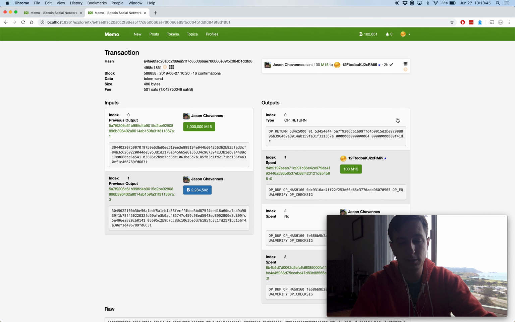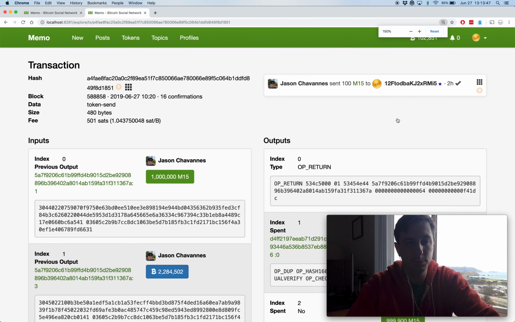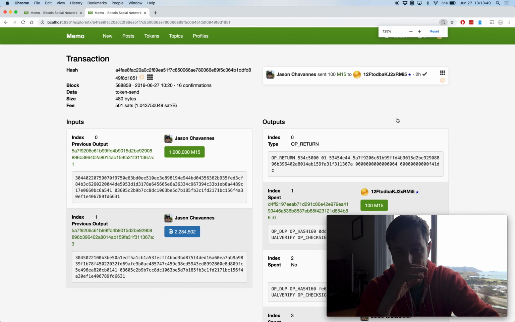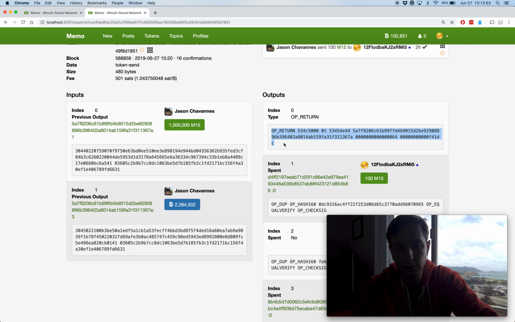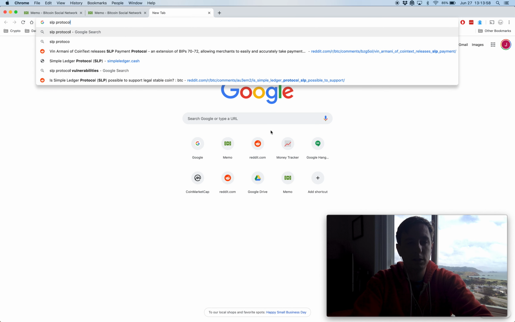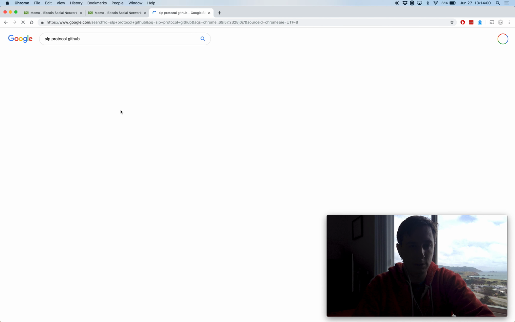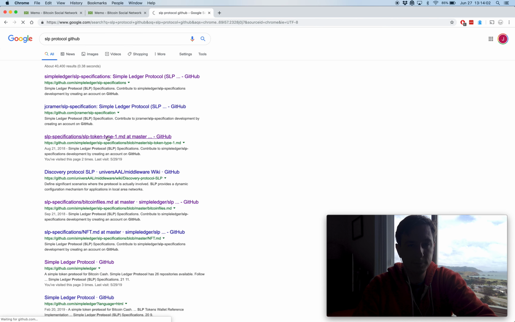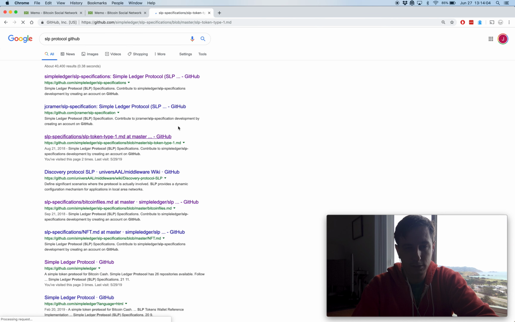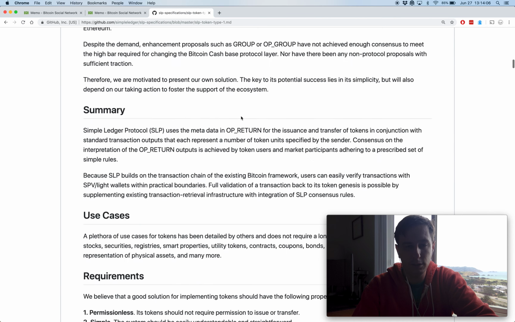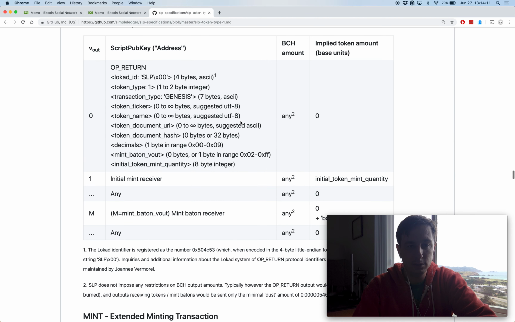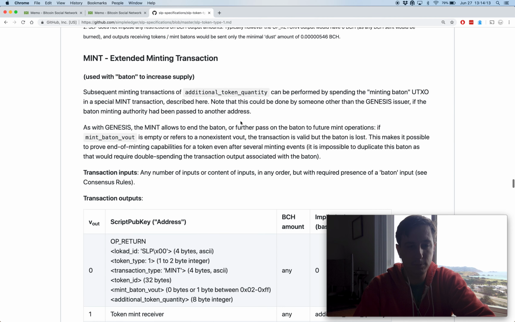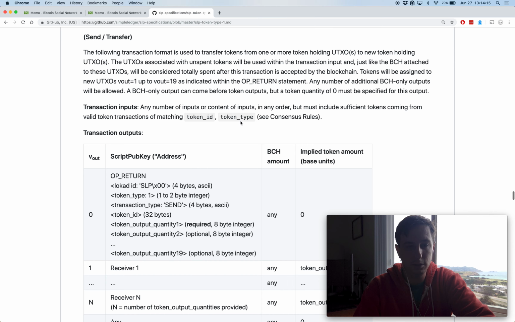So this is an example SLP transaction. And you can see here is the op return part. If you go to the SLP protocol, and to sending, and send.